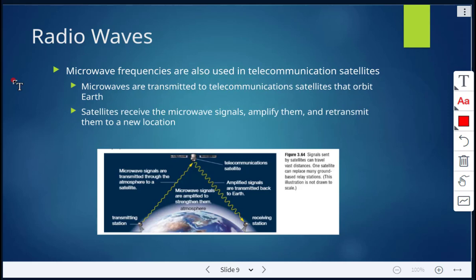So one satellite can replace many ground-based relay stations. Okay, so here at the transmitting station, the microwave signals are transmitted through the atmosphere to the satellite. They get amplified to strengthen them, and then those amplified signals get retransmitted back to Earth. There's the receiving station.